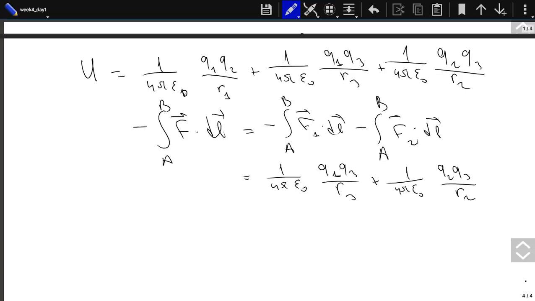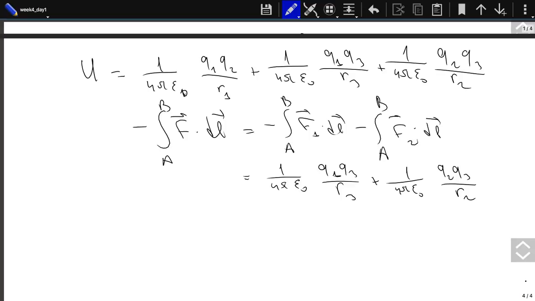But we had already evaluated it. And this is the work that we had to do if only charge Q2 was there, without the charge Q1. Again, the work that we have to do to bring a point charge to a distance r from another point charge, we had already calculated. It's this one. So we already know these two integrals, so we just sum them up.